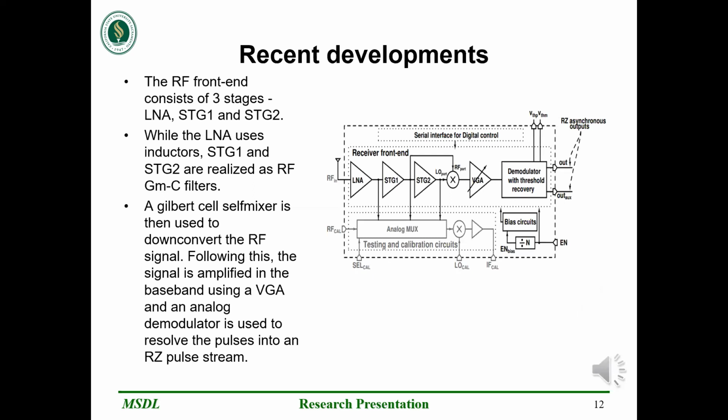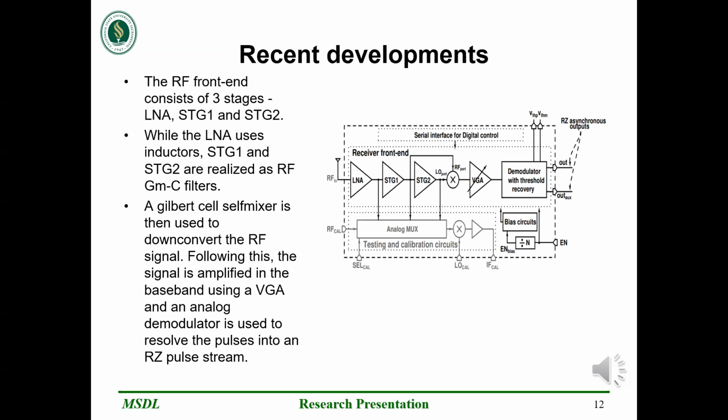The recent developments in their research are as follows. The radio frequency front end consists of three stages: the LNA, which is a low-noise amplifier, and stage 1 and stage 2, which form the receiver end. While the LNA uses inductors, stage 1 and stage 2 are realized as radio frequency gm-C filters.